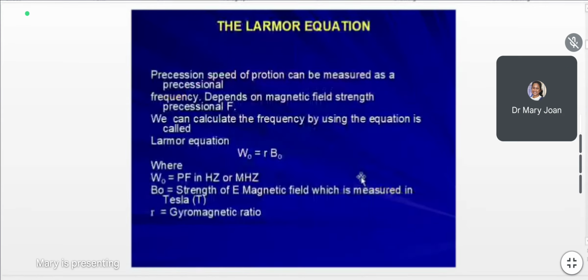Now the Larmor equation: the precession speed of a proton can be measured as a precessional frequency, which depends on magnetic field strength. We can calculate the frequency using the Larmor equation, W0 equals R B0, where W0 is the precessional frequency in Hertz or megahertz, B0 is the strength of the magnetic field, measured in Tesla, and R is the gyromagnetic ratio.